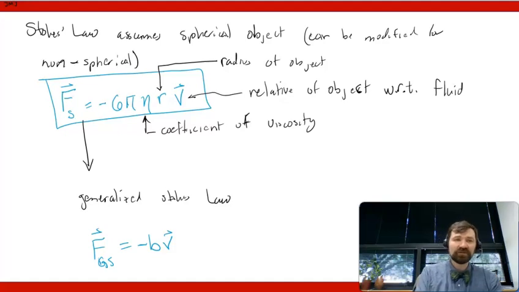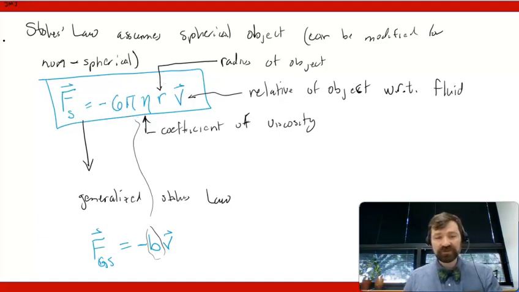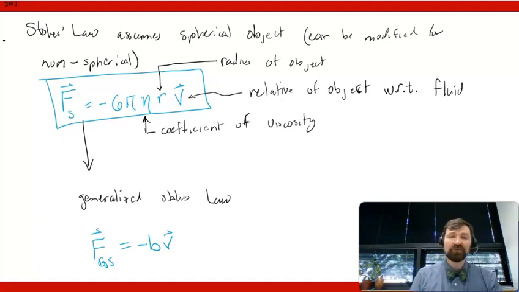So this B term right here in this equation is like the 6 pi eta r term in this equation. So basically what we're saying here is that the drag coefficient happens to be 6 pi eta r when we're in a Stokes Law regime of a spherical object.